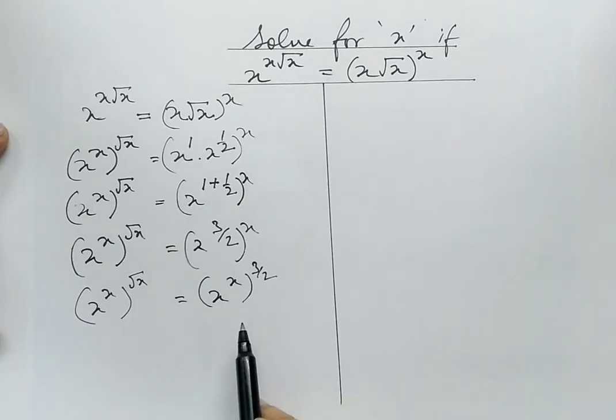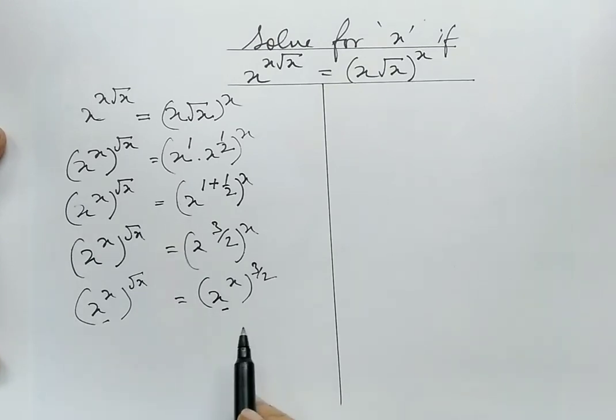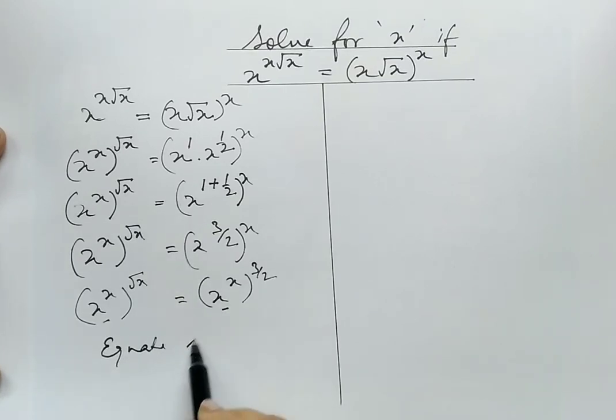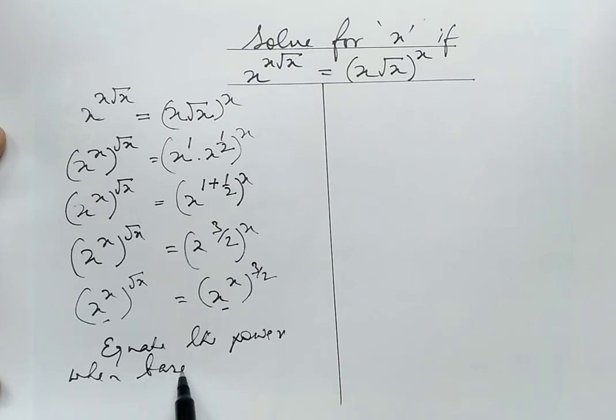Having done this, I feel the scenario is now crystal clear. We have the similar bases, right? Same bases. In such a case, what do we do? We equate the powers, right, when bases are same. Correct, guys?